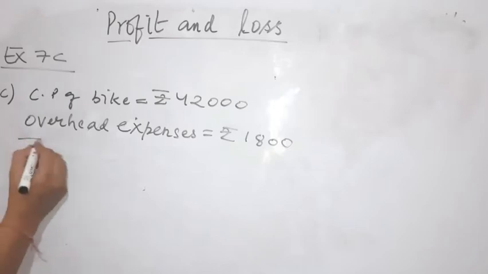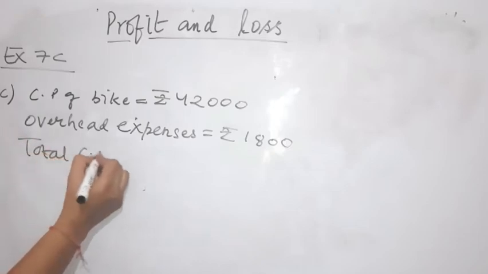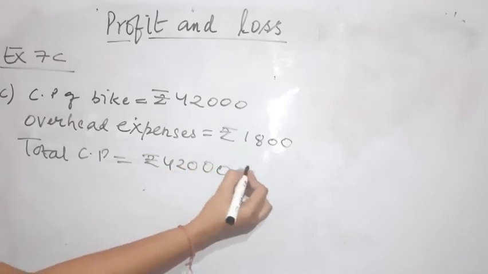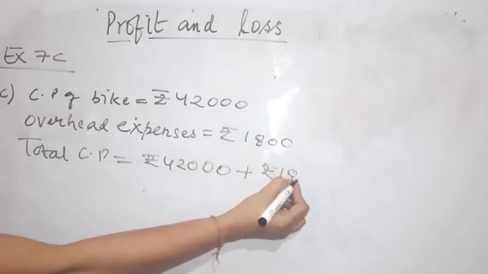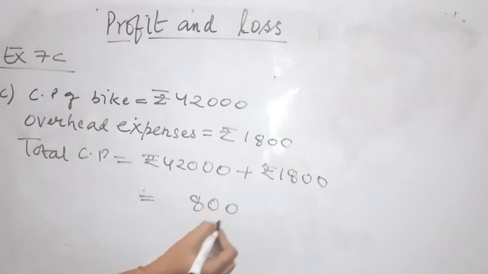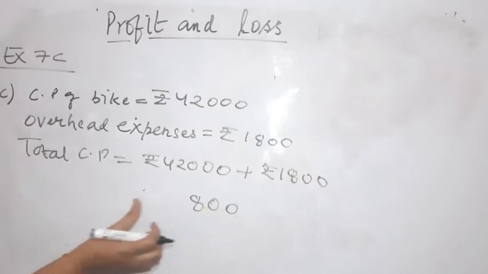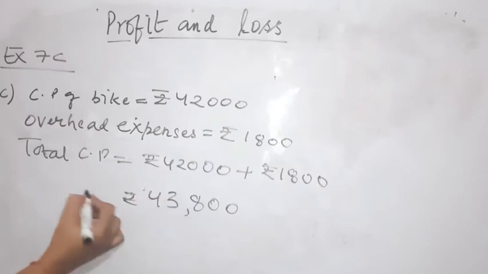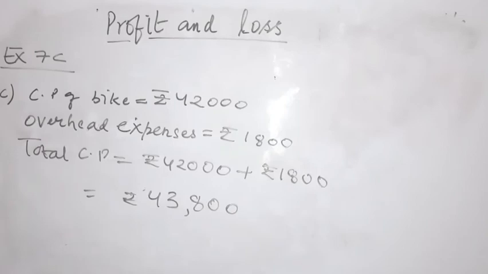Now the total cost price of bike will be rupees 42,000 plus rupees 1,800, right? So the total cost price will be 43,800 rupees. What it will be? It will be 43,800 rupees.